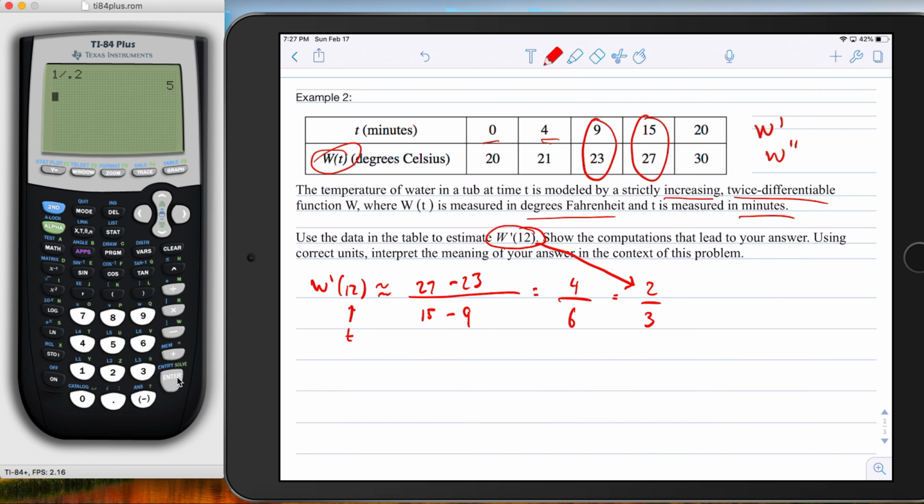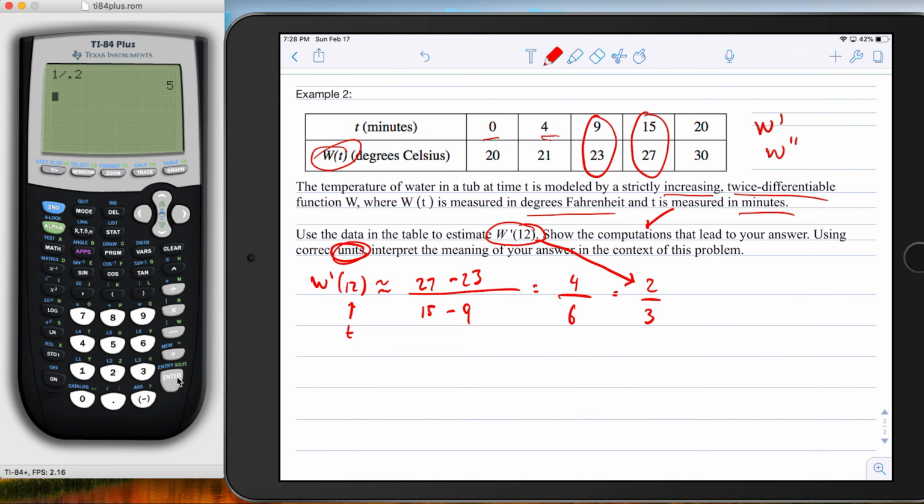But it looks like they're asking us more. They're asking, show the computations that lead to your answer, which we have done. And then using correct units, interpret the meaning of your answer in the context of this problem. According to this, the top part was the change in W, and the bottom part was the change in time.